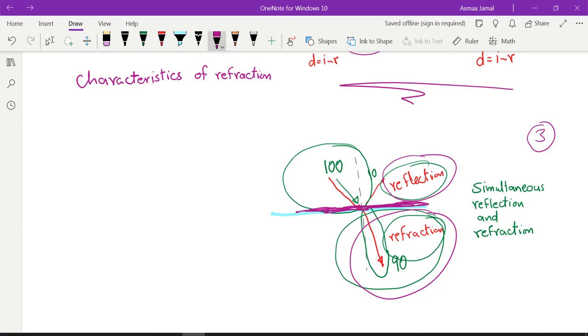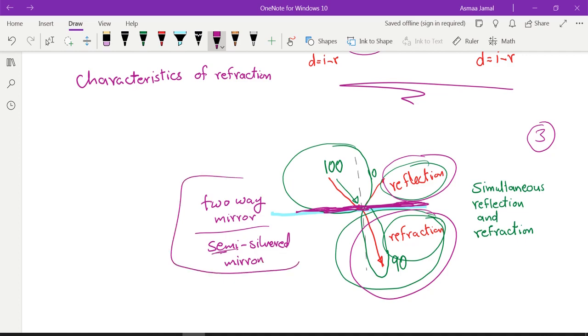This is commercially called a two-way mirror, or semi-silvered mirror, or even half-silvered mirror. This technique, you can see it nowadays in windows.